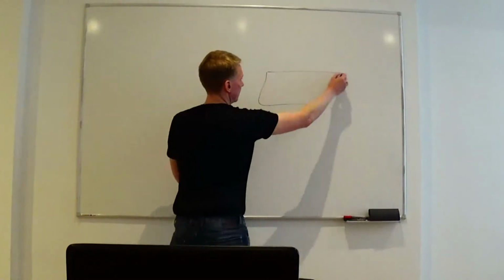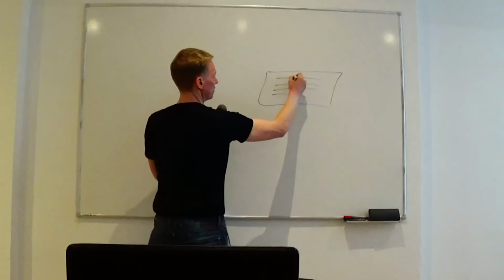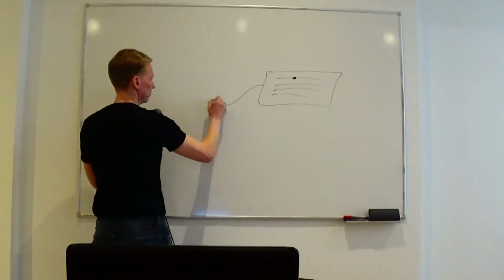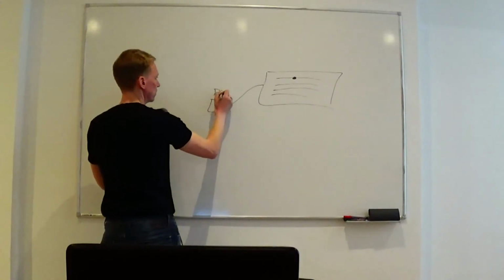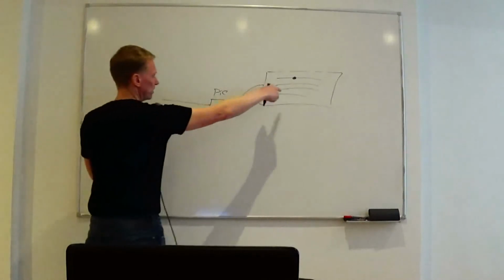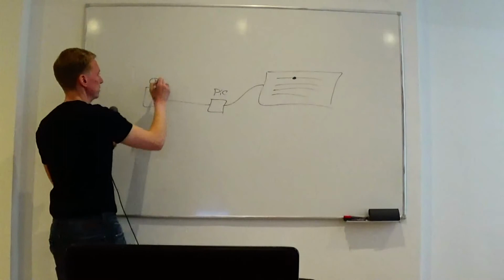As I said in the last video, if this is your keyboard and you press a key on the keyboard, then it will communicate with the programmable interrupt controller, which is between the keyboard and the processor.